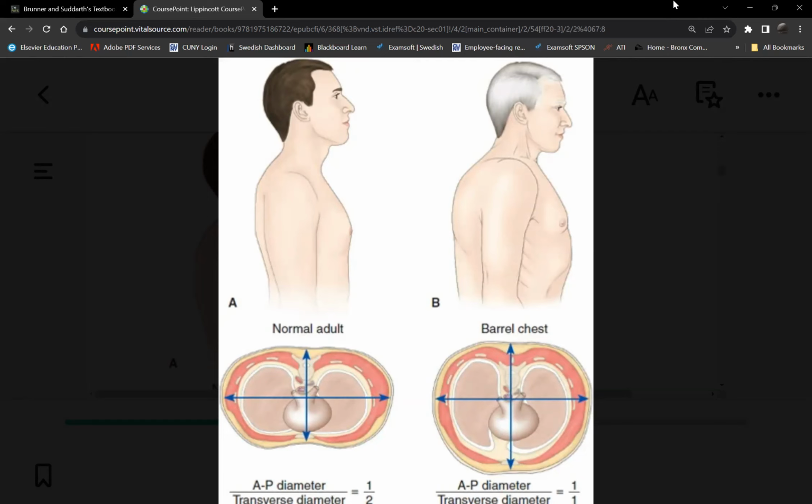It increases. Which side of the heart pumps blood to the pulmonary arteries? The right. So what type of heart failure will result here? Left or right side? Right-sided heart failure.